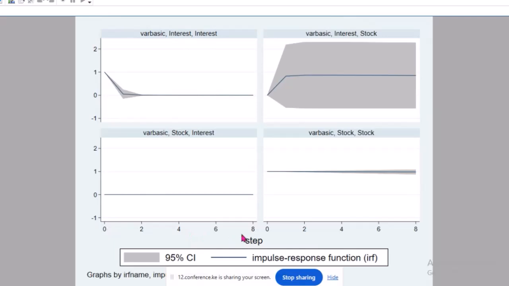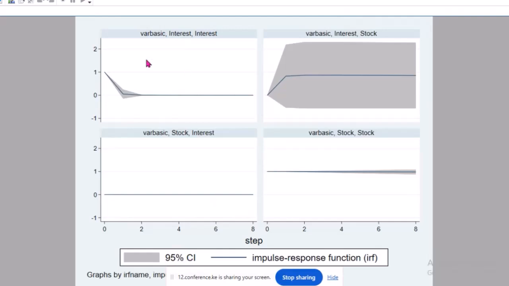We consider the first period to be the short run. The 8th period is the long run. You can include as many periods as we want. So 0 is short run, 8 is long run. What will be the behavior in the short run and in the long run? And we are conducting this analysis at the 95% confidence level.